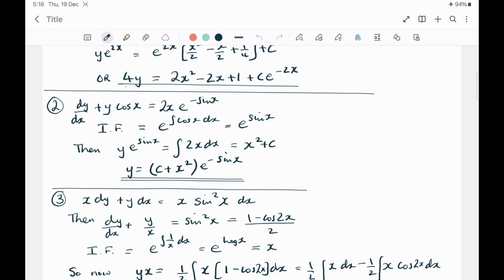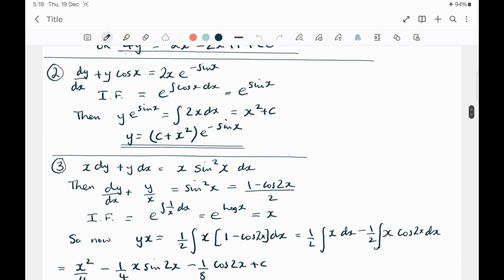And then multiplying through by that, we'll get y e to the power sine x equals the integral of 2x dx, which is simply x squared plus the constant c, and then rewriting that, you get y equals c plus x squared times e to the minus sine x. That should have been simple enough to follow.